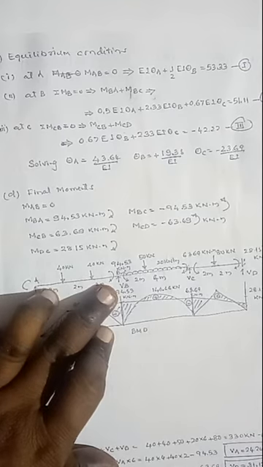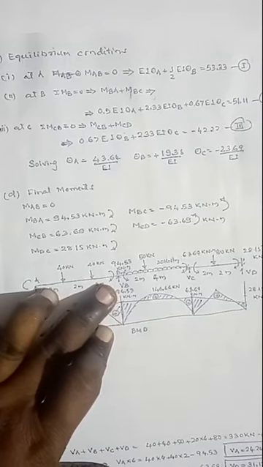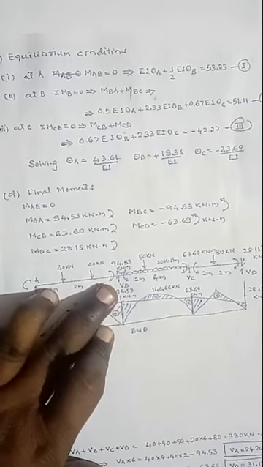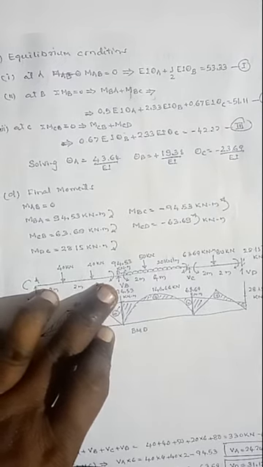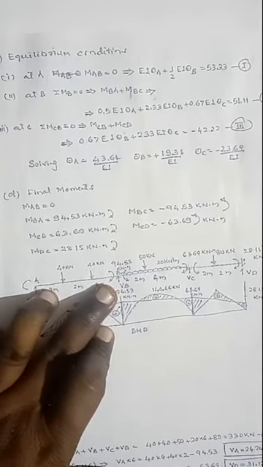94.53. By solving this, Vc equals 120.40 kilonewton, that is also upward, that is positive.